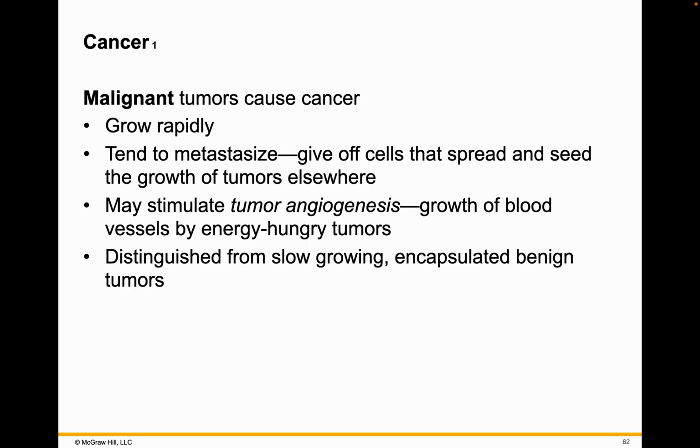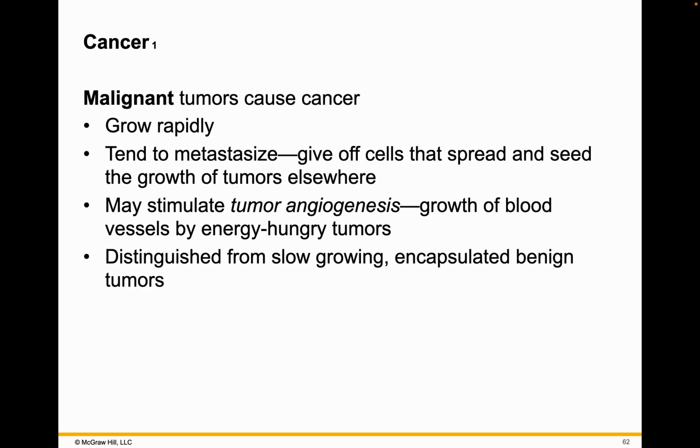Cancer is the uncontrolled growth of cells, which will cause tumors. And if those tumors become malignant, we refer to them as cancers. Cancers grow rapidly, tend to metastasize, which means they spread. They stimulate tumor angiogenesis, which is a growth of blood vessels in order to feed these tumors.